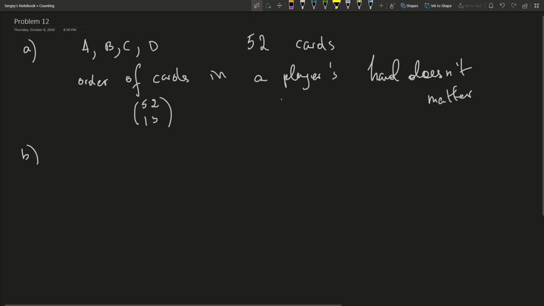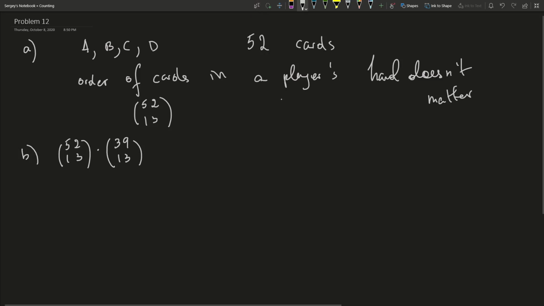Now moving on to part B, we're asked how many ways are there to assign these 52 cards to these 4 players, 13 cards each. Well, as we said, player A will get 52 choose 13 ways to get 13 cards. Now once the 13 have been dealt, for player B, there are now 39 choose 13 ways to give player B 13 cards.